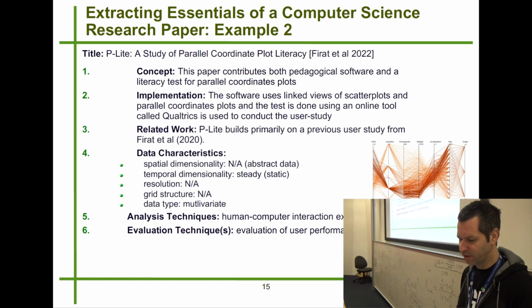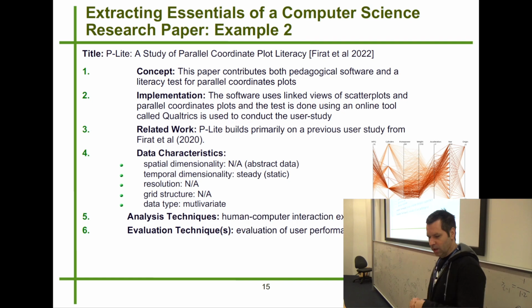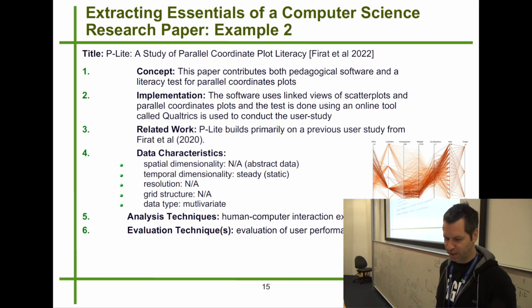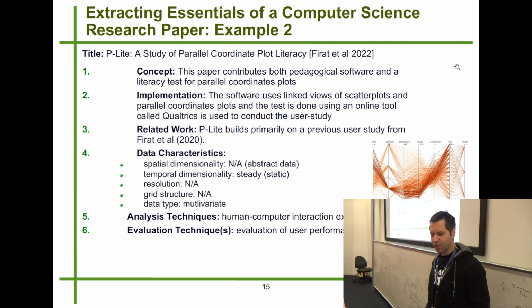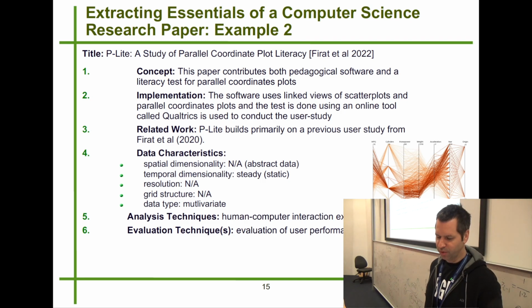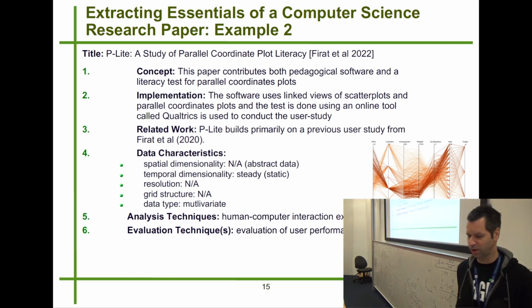Okay, here's another example. The title is called P-Light, a study of parallel coordinate plot literacy. So this paper contributes, look, it's using the word contribute, right? Because a paper is contributing something to science, some sort of knowledge.